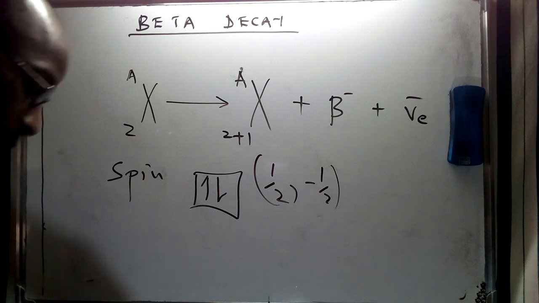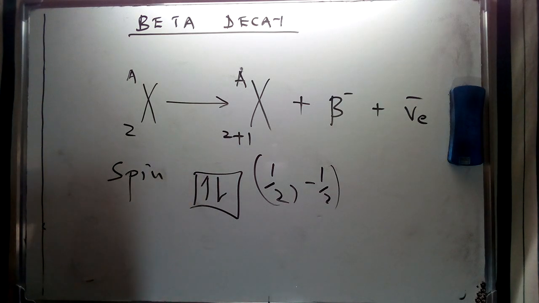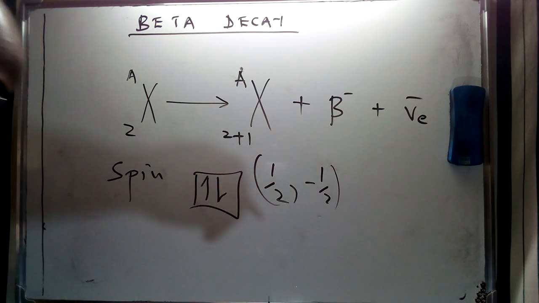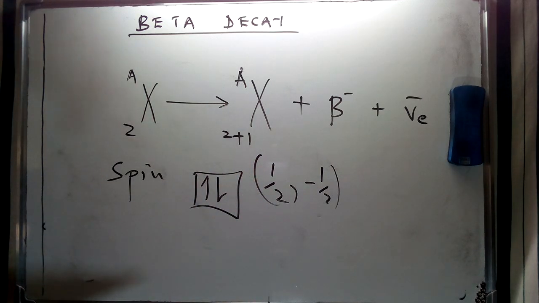We're going to see these aspects playing a role in ensuring that stability and the conservation laws are maintained. Therefore, we consider the difference between the total spin of the product and the reactants.